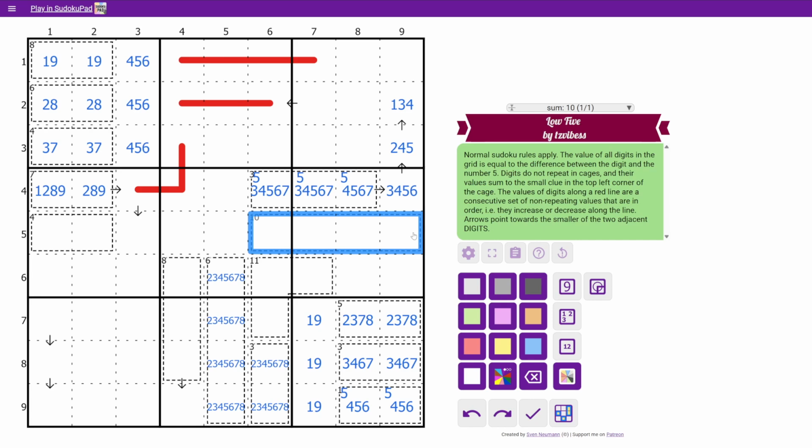Or else it would be a 0 with a 2, 3, 4. No, it couldn't be a 0 with a 2, 3, 4. It can't have a 0 in it.